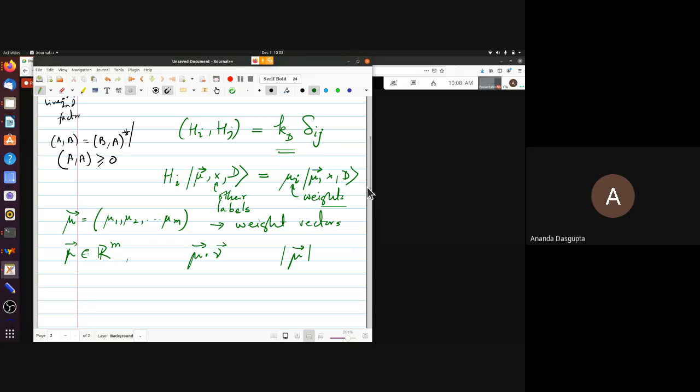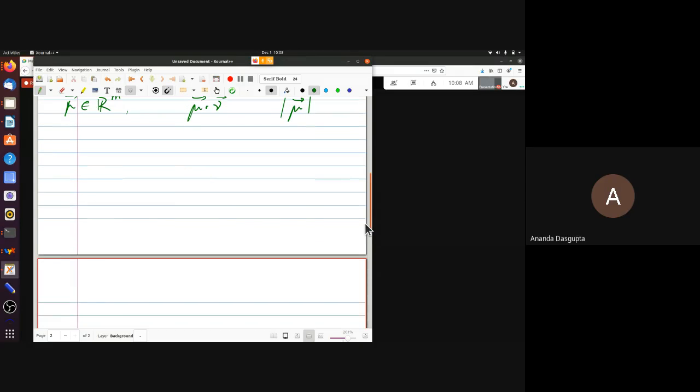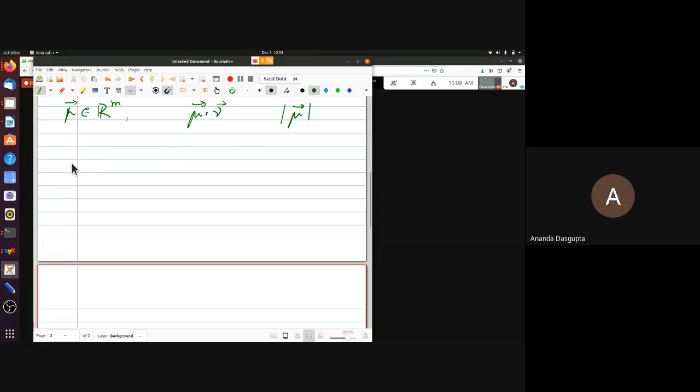Okay, so these are weights. So what are roots? Roots basically are weights in a particular representation called the adjoint representation. And what is the adjoint representation?